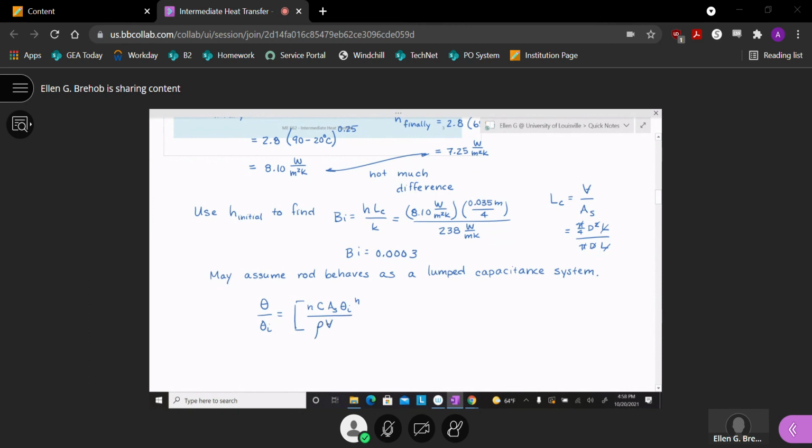I'm just rewriting this equation again. T plus 1, and minus 1 over n.